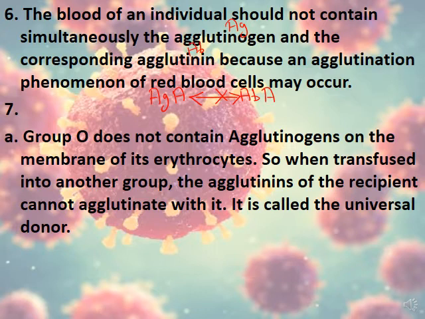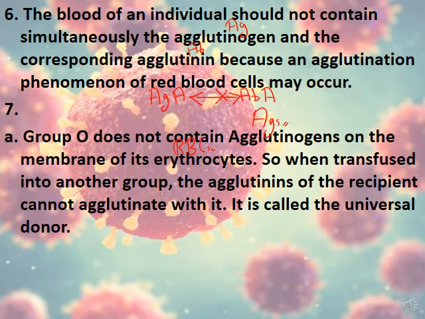Part 7, blood group O, as we saw before, doesn't contain any agglutinogens. There are no antigens on the membrane of its erythrocytes, the red blood cells. So when blood is transfused into another group, the agglutinins, the antibodies, will not find any enemy.